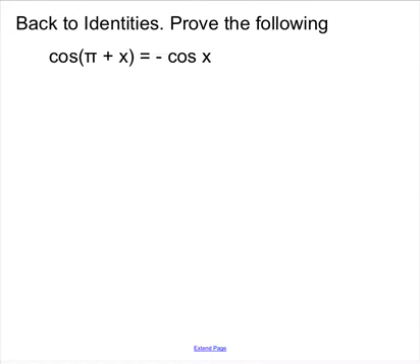So we've kind of not done identities like we did in the beginning of the unit in a while. So let's apply some of these new rules. So I see an identity like this, and I'm thinking, okay, well, this looks strange. But I have one angle adding another angle. So let's write out our identity for cosine of alpha plus beta, right? I'm adding two angles. So expand this side.